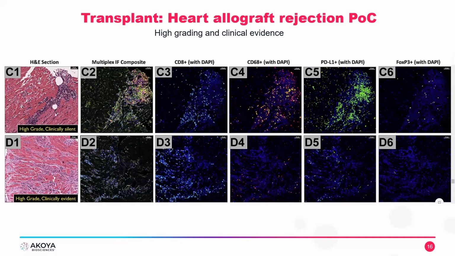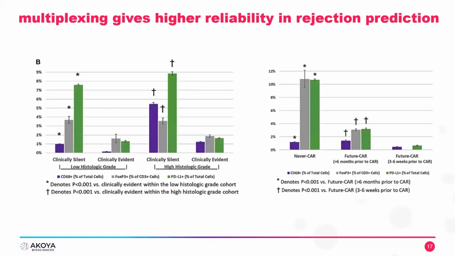So you have to look a little bit more in detail, and this was done with multiplexing here, looking at CD8, CD68, PD-L1 and FOXP3, which is more or less a classical immune-oncology panel. And PD-L1, which is more or less the most commonly used marker, is way not efficient.